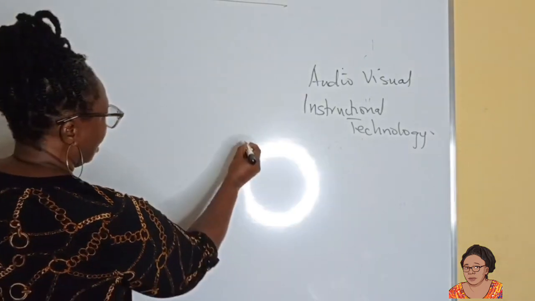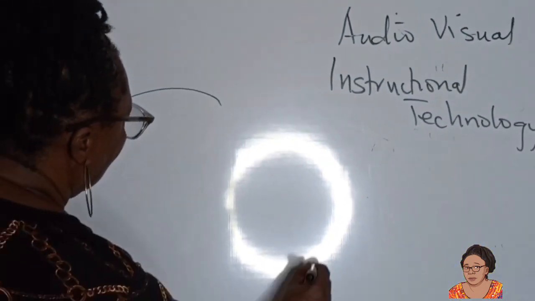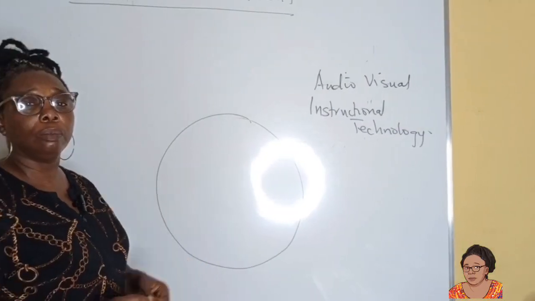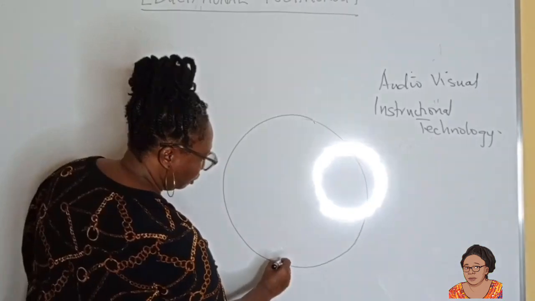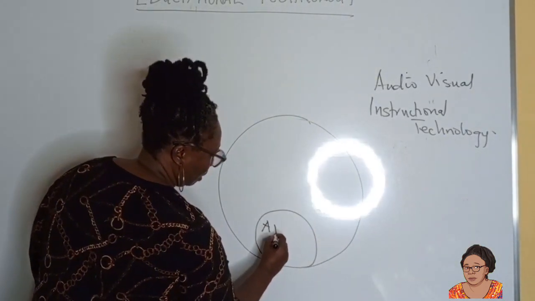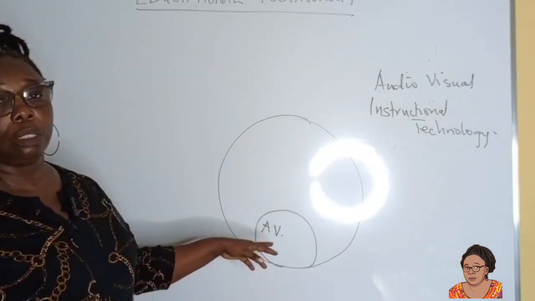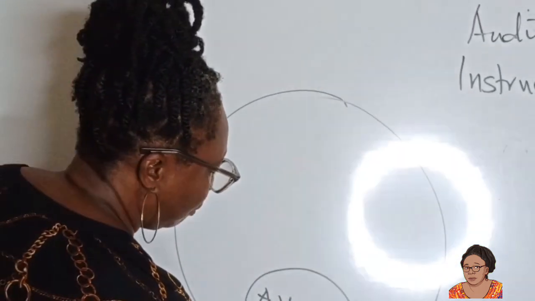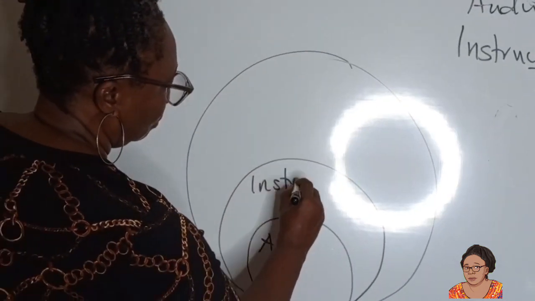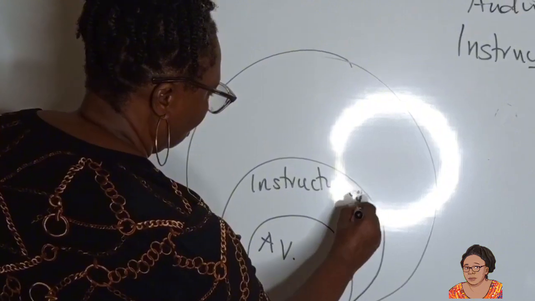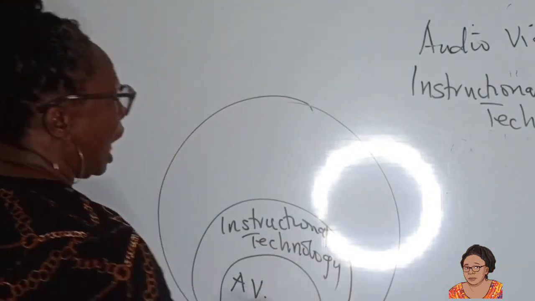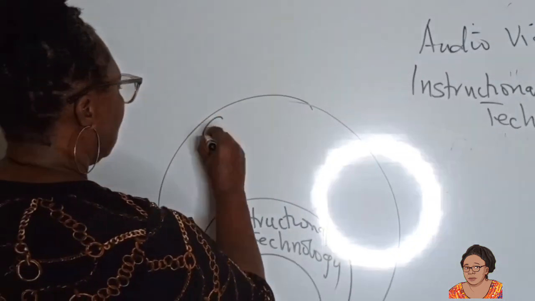If we have a big circle, this circle will be educational technology, and audiovisuals will be here somewhere. Short form of audiovisual is AV. Then we probably have instructional technology somewhere here. And the big circle will be what? Educational technology.